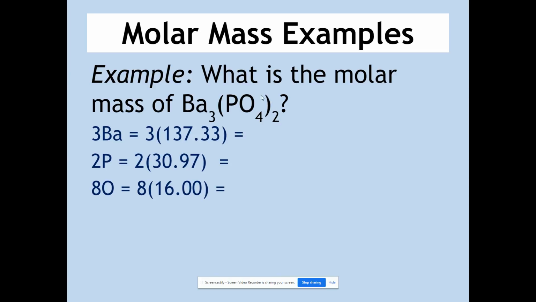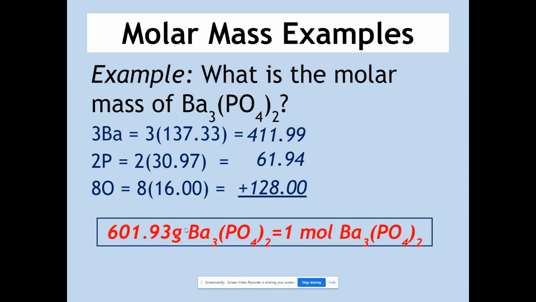We actually have 2 phosphorus and then 2 times 4, 8 oxygen. So we're just going to add up all the masses here, 400 plus 61 plus 128, meaning that if we want 1 mole of this substance, we're going to need a lot of grams. 601.93 grams of tribarium diphosphate is equal to 1 mole.